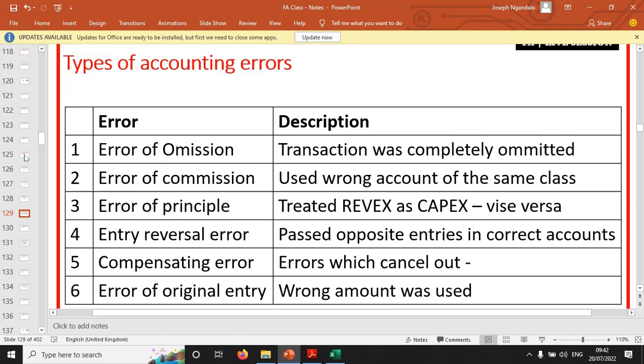What is the double entry of a cash purchase? I think by now you should be assisting me. Now commit the error of entry reversal. You do the opposite, so you debit cash. Are you listening to what accounts is involving?